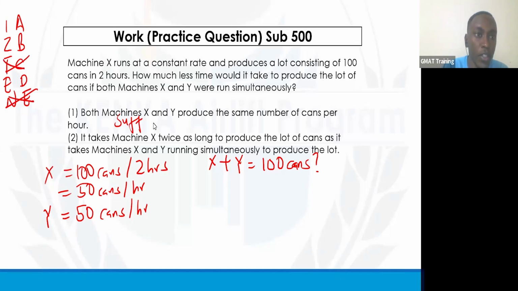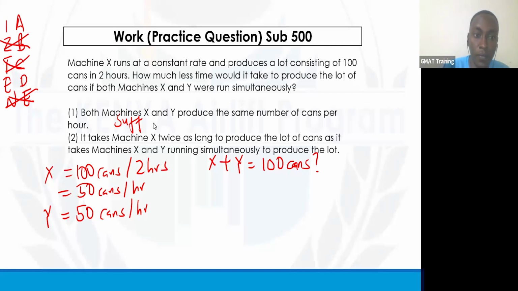So what we're left with is A, B, and D. And B is out because B states that 1 is not sufficient. So for statement 2, it takes machine X twice as long to produce the lot of cans as it takes machines X and Y running simultaneously to produce the lot.